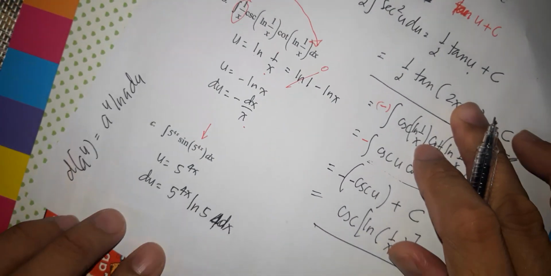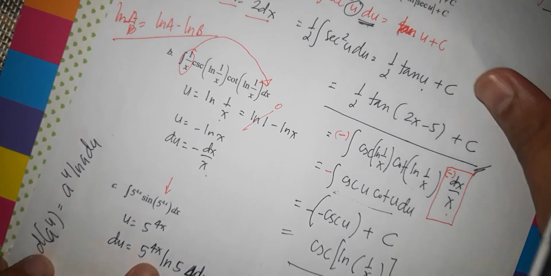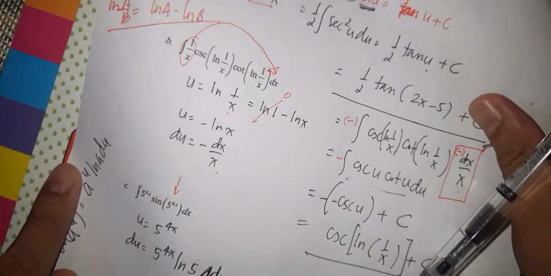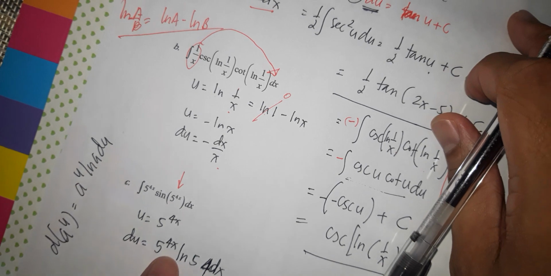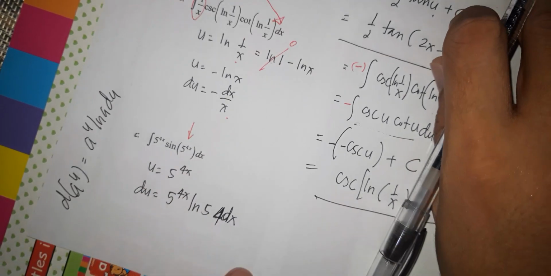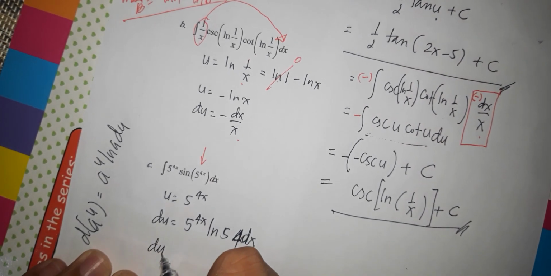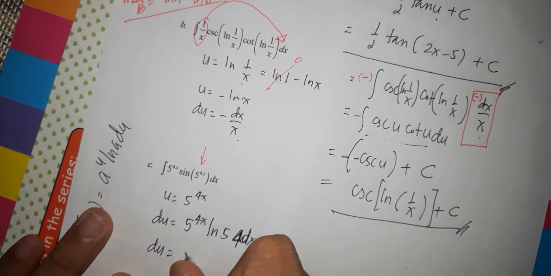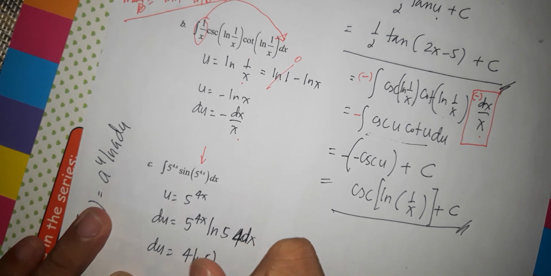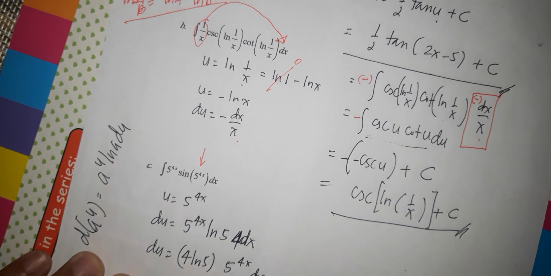So if that's 5 to the 4x, that gives you 5 to the 4x, ln of 5, multiplied by the derivative of 4x, which is 4 dx. So that means our du here is equal to 4 ln 5 multiplied by 5 to the 4x dx.